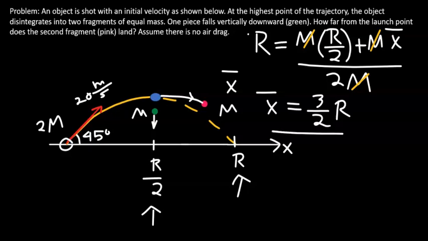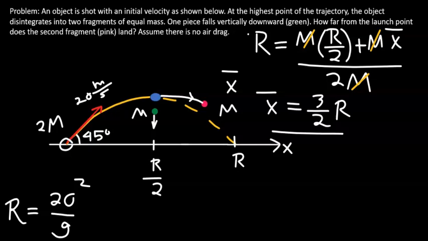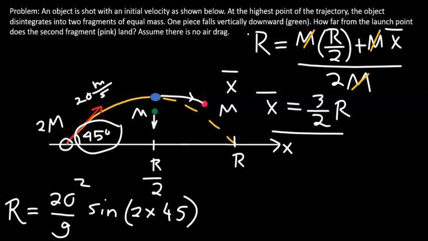Now let's proceed to determine the capital R. From projectile motion, we know that the range in such a case is given by the initial speed, which is 20, squared, over the gravitational acceleration times sine of twice the projection angle. In this case the angle is 45, so 2 times 45 is 90 degrees.